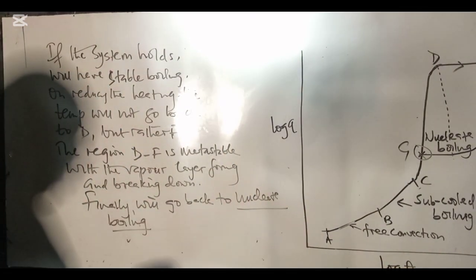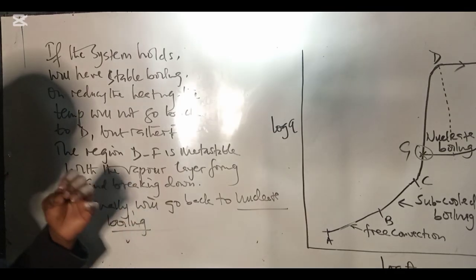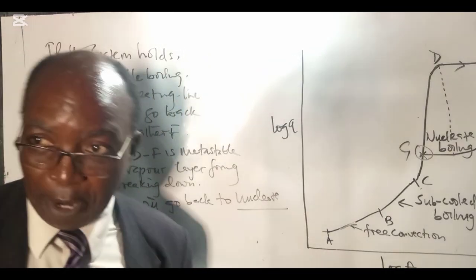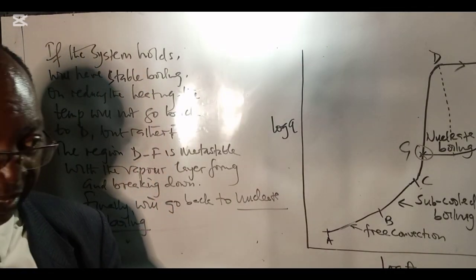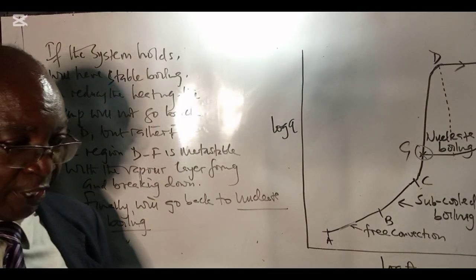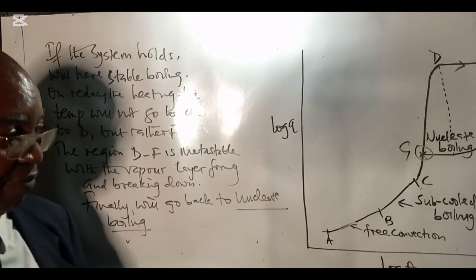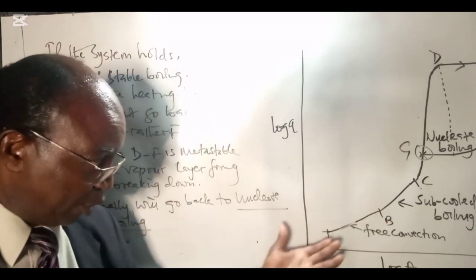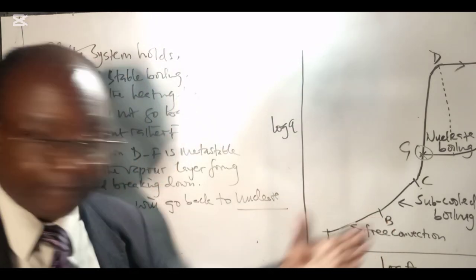But for now, what we want to know is, if we have pool boiling, we have our immersed heating system there. If you don't generate a lot of heat, or the heat flux is minimal, then most of the movement there will just be by free convection.